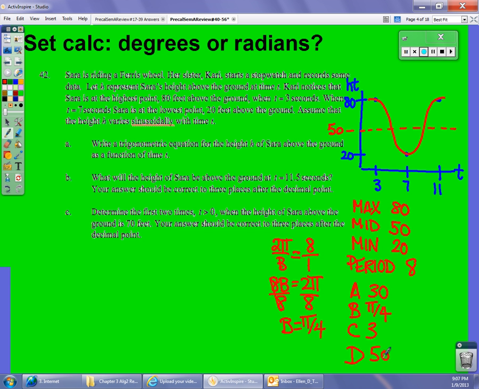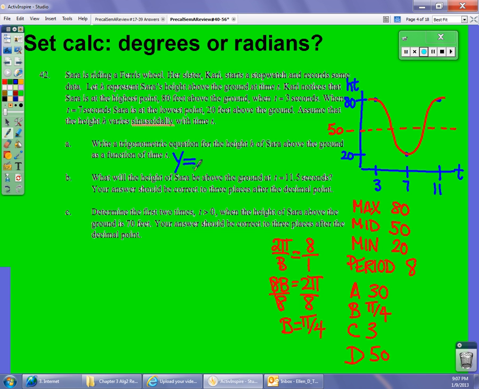In part A of the question, it asks us to write the trigonometric equation for the height h of Sarah above the ground as a function of time t. We can now write that equation. This is a positive cosine graph.